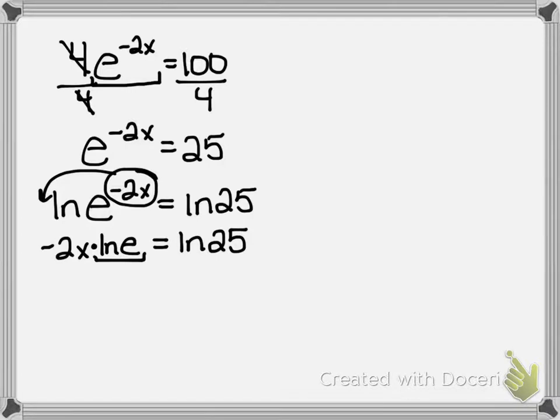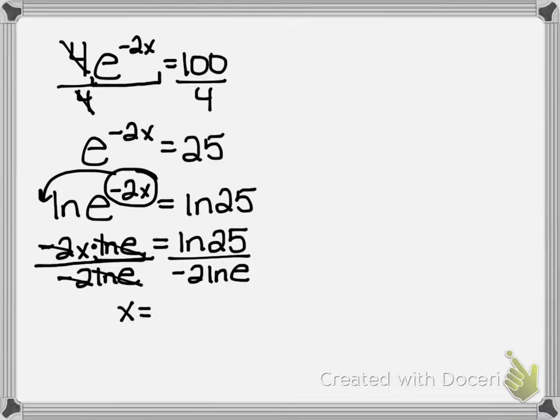So to get x by itself, my last step is going to be to divide by the negative 2 and the natural log of e to move them both to the right side. So that'll get rid of the negative 2 and the natural log of e, and it leaves x isolated by itself. So technically, we could be done.